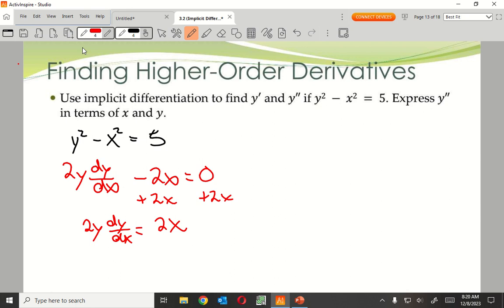Divide by 2y. So dy dx is equal to 2x over 2y. I'm going to cancel out the 2's, so I'm left with x over y, and that is going to be my first derivative.